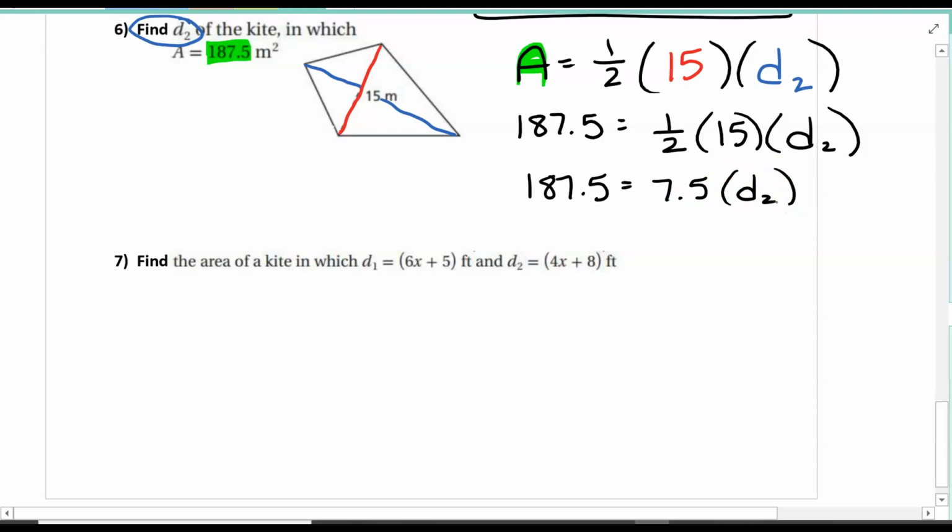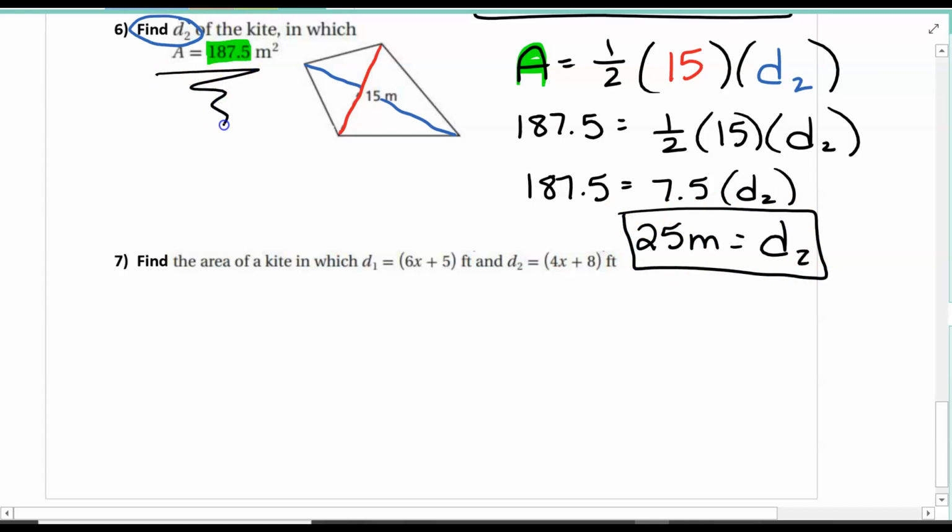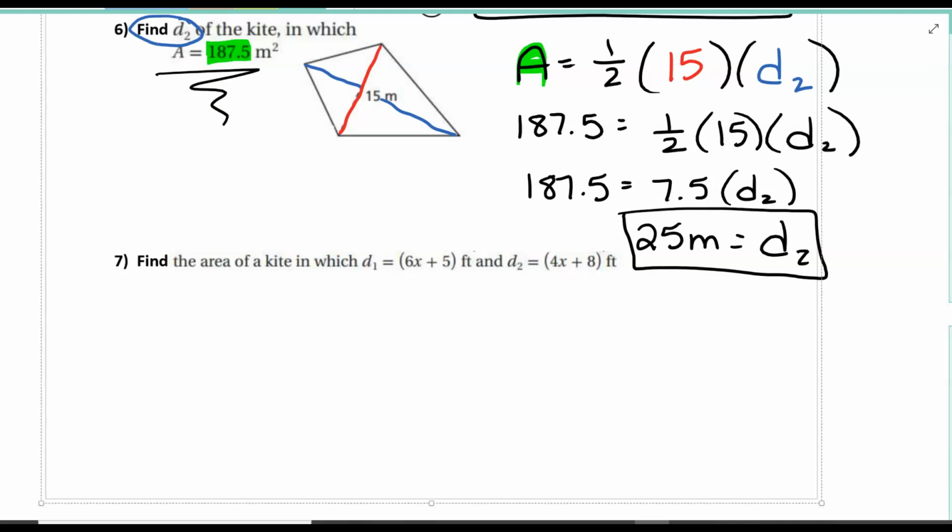From here, I can divide 187.5 divided by 7.5, and I get that my diagonal 2 is worth 25 meters. Notice it's not meters squared this time. I'm not finding the area. I knew the area. I'm using that squared unit of measure to find my other diagonal, which is just a linear unit of measure. So let me know if you need help on number 6.